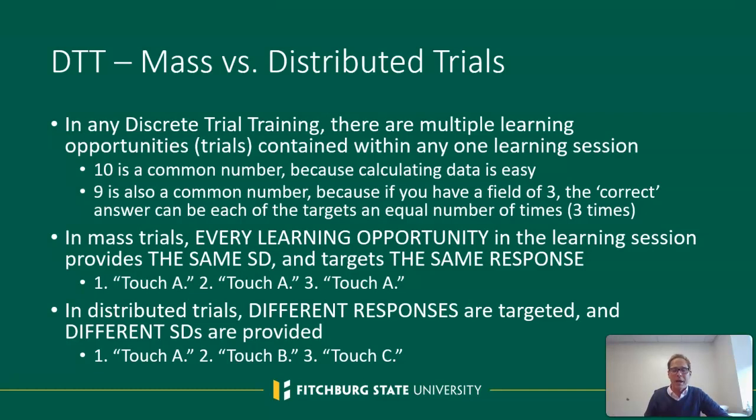Okay, so it really requires the learner to be able to key in on what that initial antecedent is that's being delivered. But it can be sometimes trickier to gain that initial traction as opposed to in mass trials.